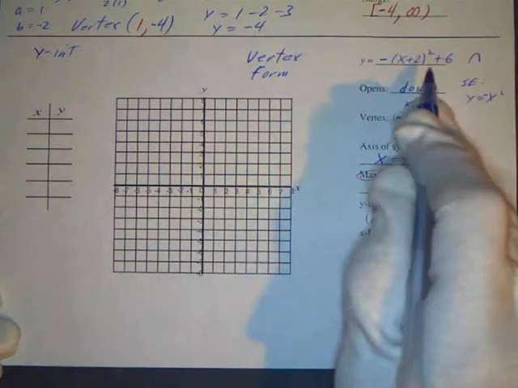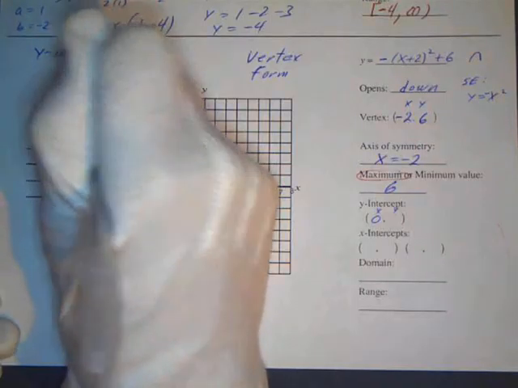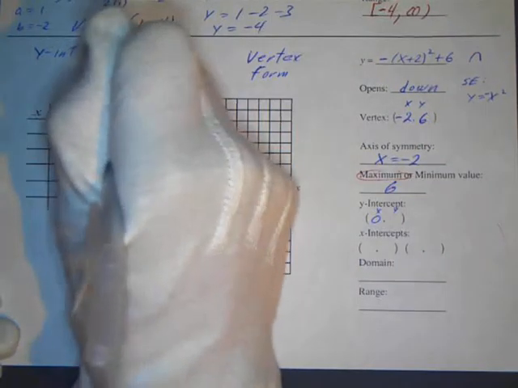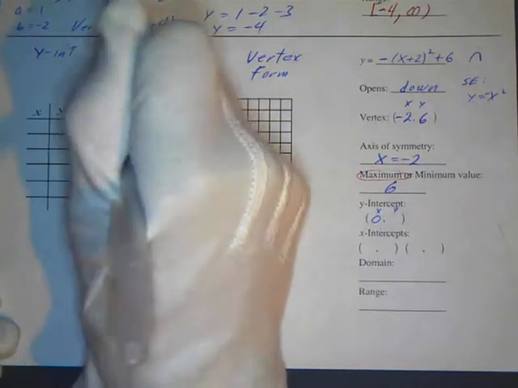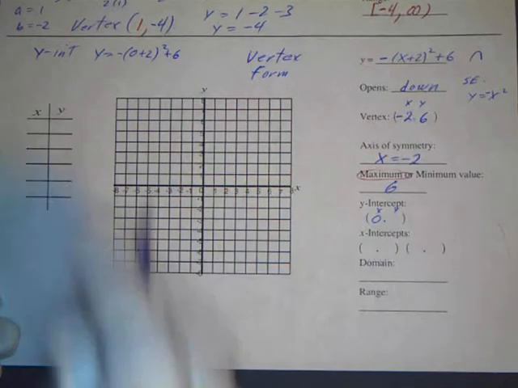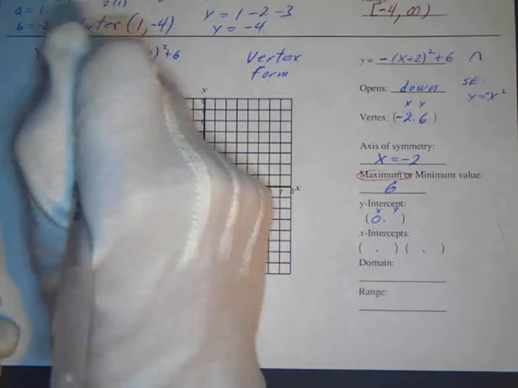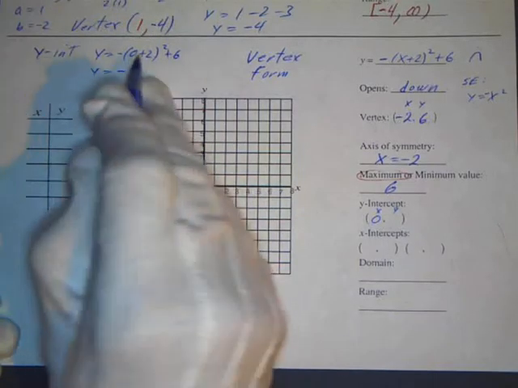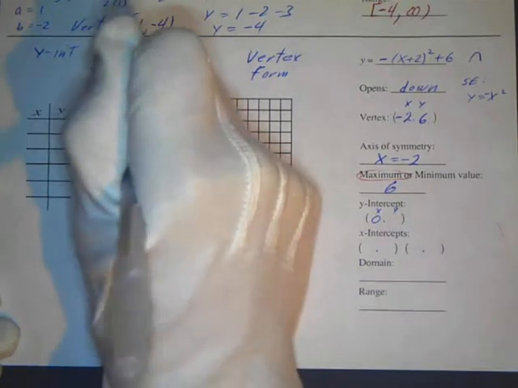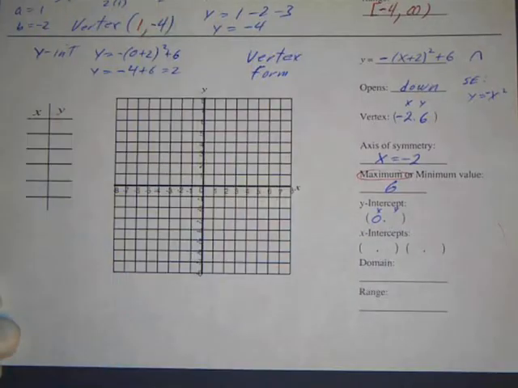So if I put 0 in here, I have y equals negative 0 plus 2 squared plus 6. So every time I see an x, I put a 0. And then that's going to equal negative, and that's just going to be 2 squared, which is 4, negative 4. Plus 6, and that's just going to be equal to 2. So that's my y-intercept. So my y-intercept is going to be 2.